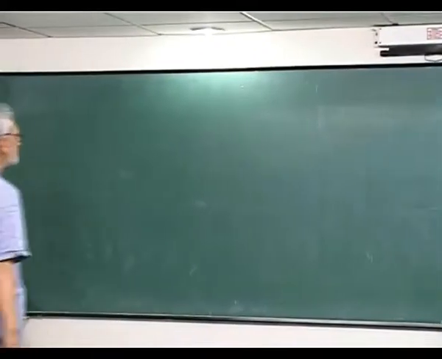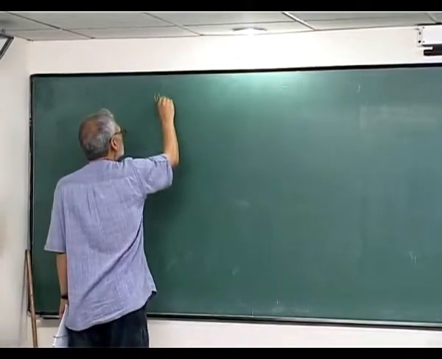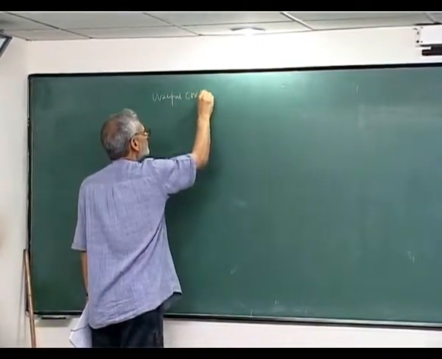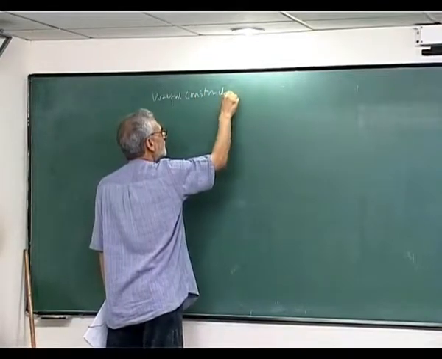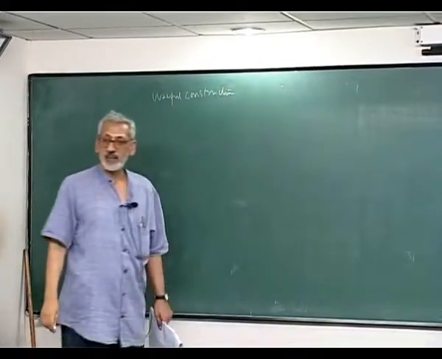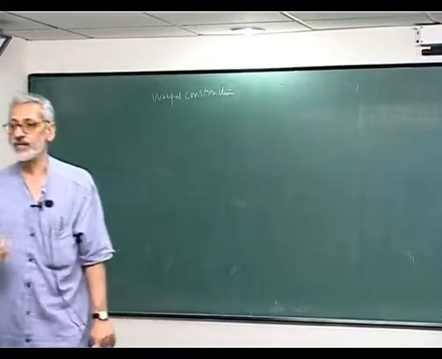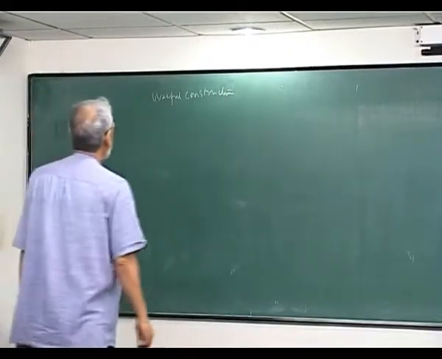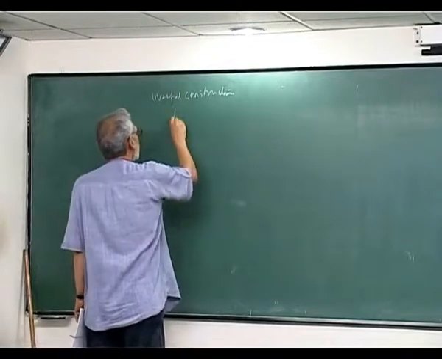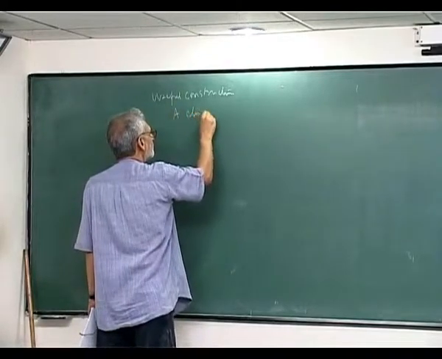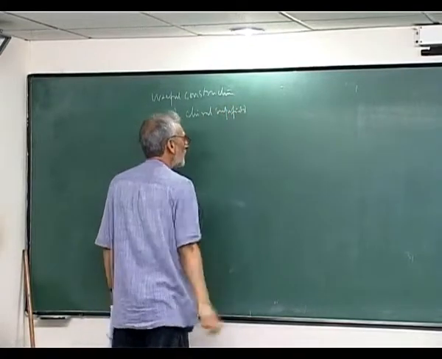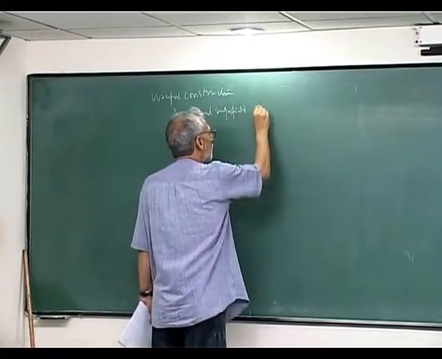There are some useful constructions. We'll construct a chiral superfield from this vector field. So a useful construction is a chiral superfield, and we'll give it the name W alpha.